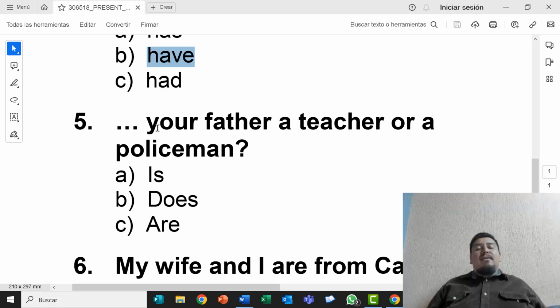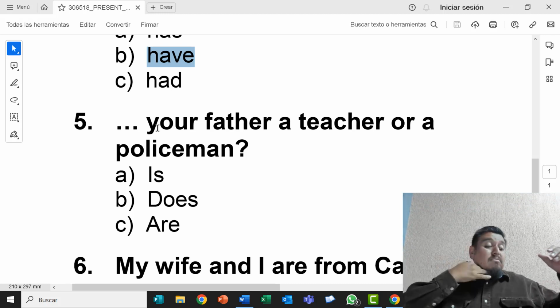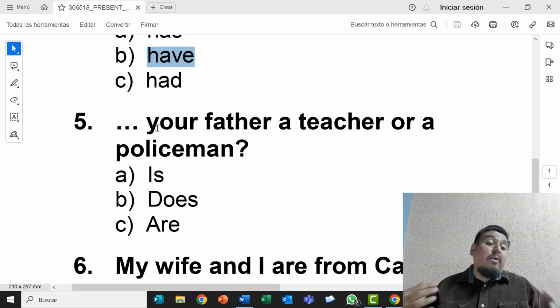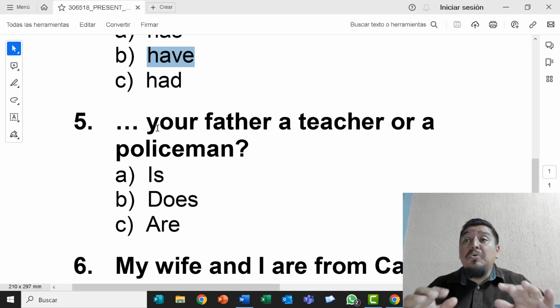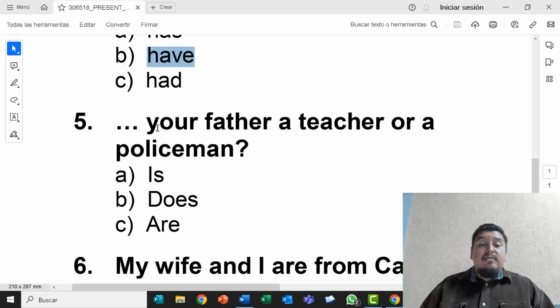Maybe you're thinking, teacher, but this is so difficult. But when are we going to use verb to be, or when are we going to use action verbs with the do or does auxiliary? Simple. Look, there's no verb here.